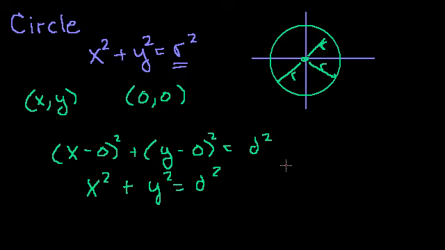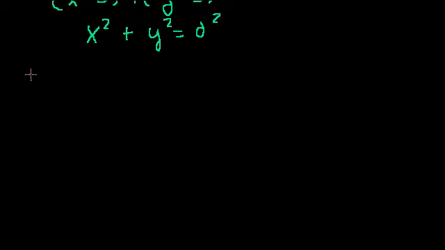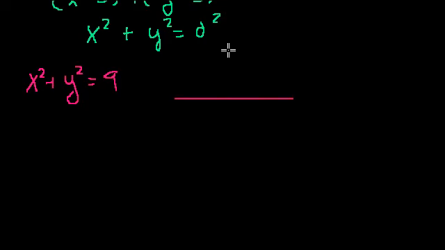And actually, just to hit the point home, if we had an equation like x squared plus y squared is equal to 9, the graph of this circle would look like this. That's the x-axis, that's the y-axis, and draw the circle itself. Close enough. And the radius of the circle is going to be 3.